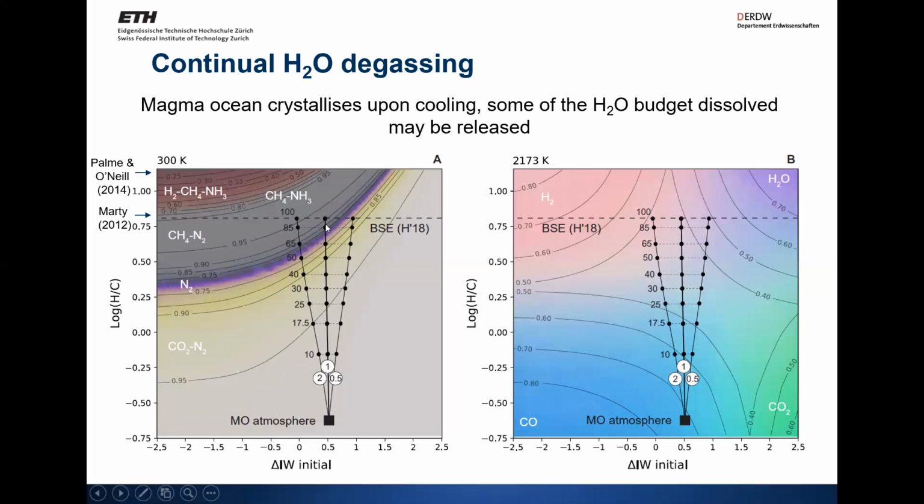And so we would need to degas about 80% of all of Earth's water initially in order to push us out of this CO2-N2 regime and into a more CH4-N2 regime. And importantly, we never really reach a regime in which we have CH4 and NH3, at least with the water budgets that we think are present in the Earth today. So we think this is a relatively robust conclusion that the Earth probably had a CO2-N2 atmosphere.